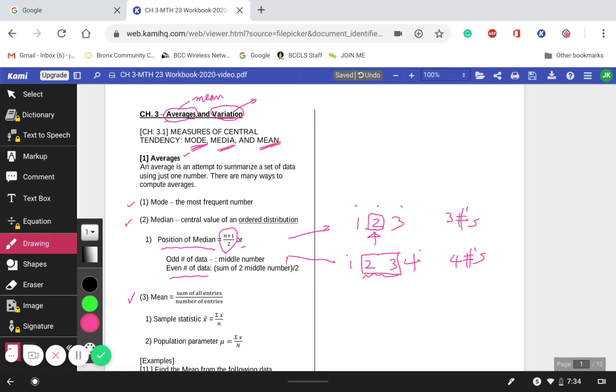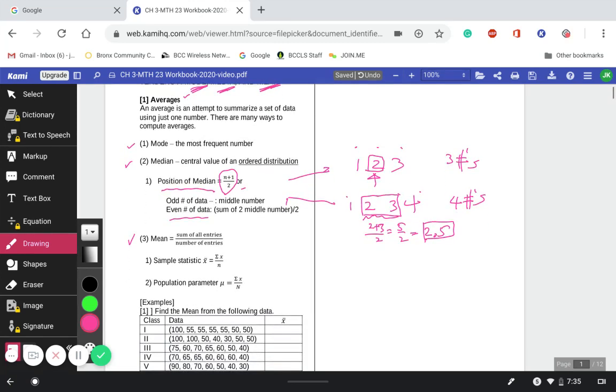We have two middle numbers now. So you get an average of these: you add 2 plus 3 and divide by 2. So it's 5 over 2, and your median value becomes 2.5. Your median positions are 2 and 3. That's what they're talking about.